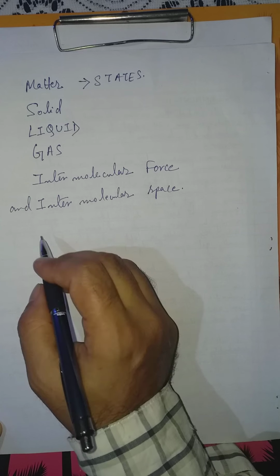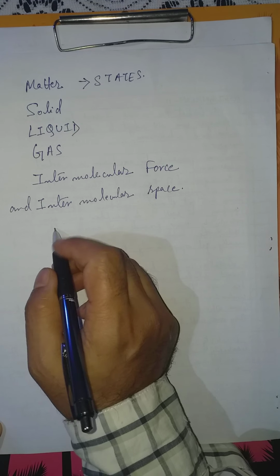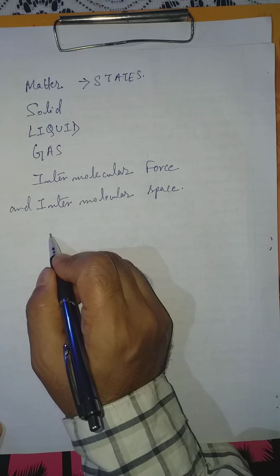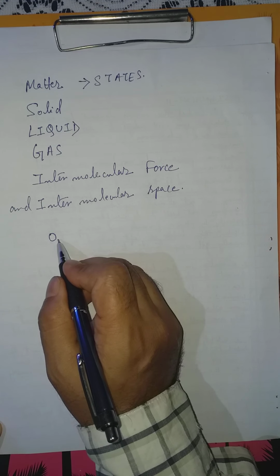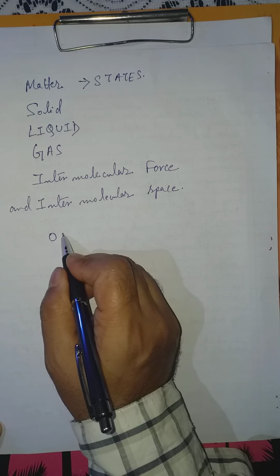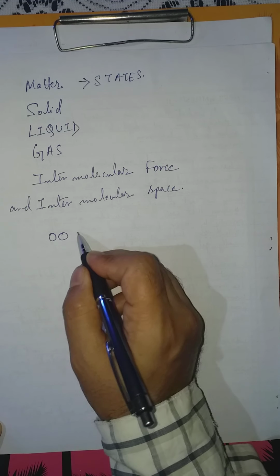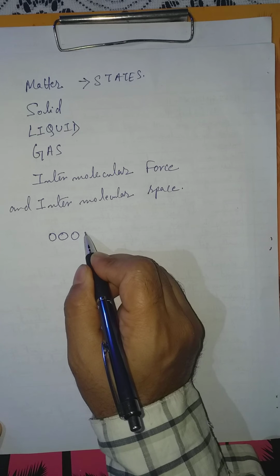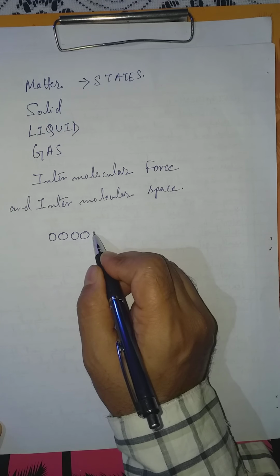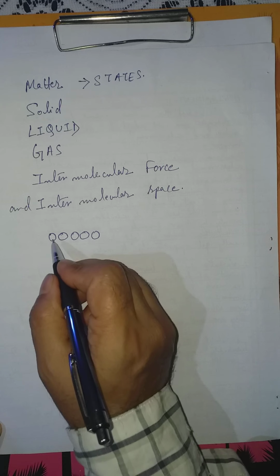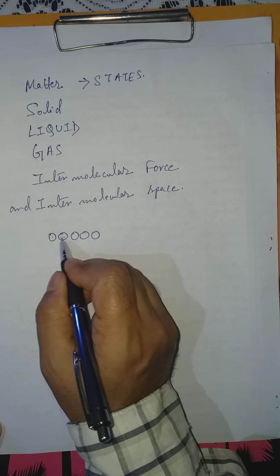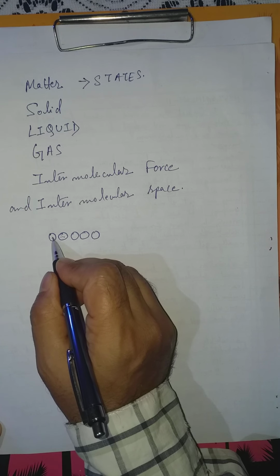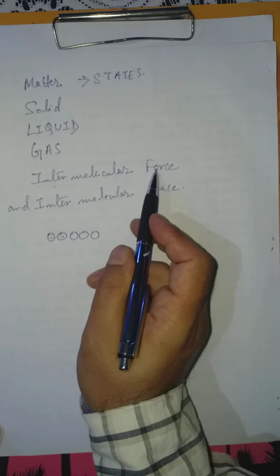Suppose let us take a solid. This circle is a molecule. In a solid the molecules are arranged in this way, and this molecule and this molecule have some attraction between them.